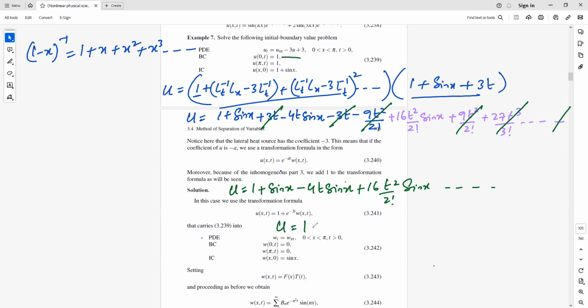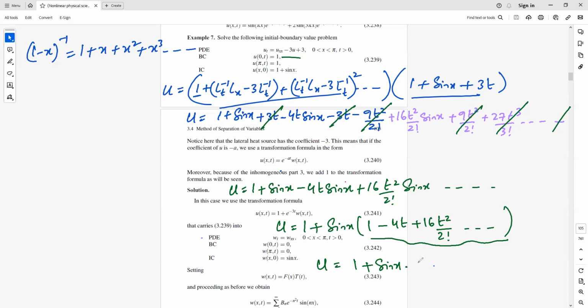Therefore, if we take this sine of x as common, we are left with 1 minus 4t plus 16t squared over 2 factorial, and so on, which gives u equals 1 plus sine x times. Now this is simply the Taylor series expansion of e to the power negative 4t. So it's e to the power negative 4t, and this is the final answer for this problem.